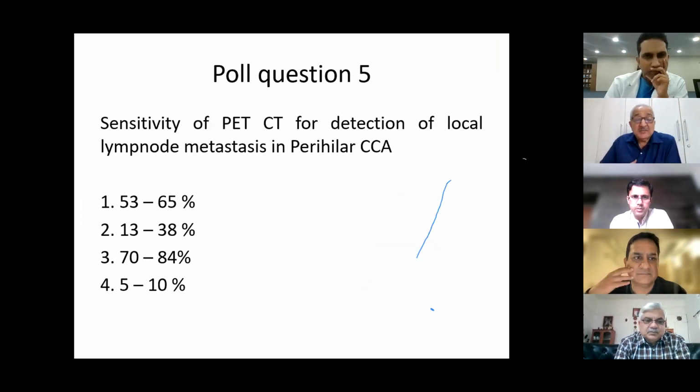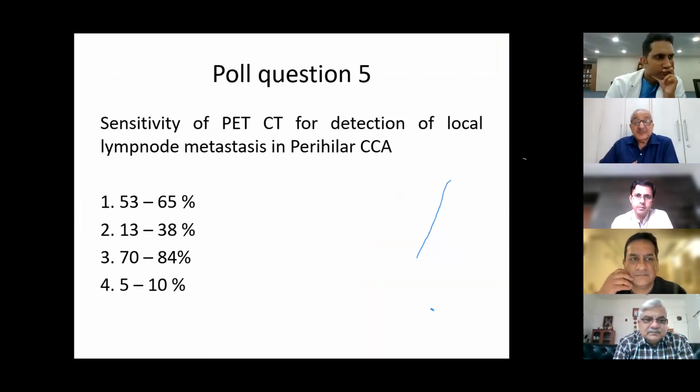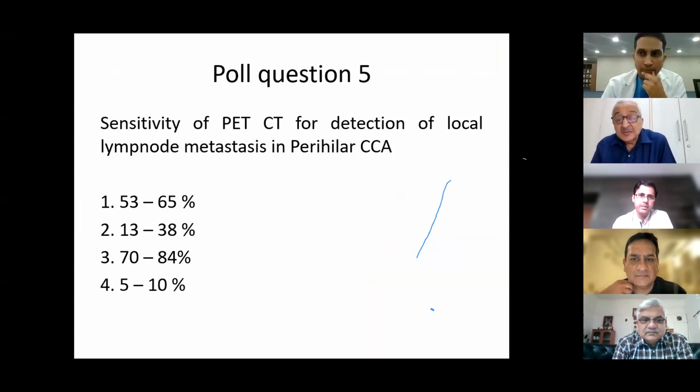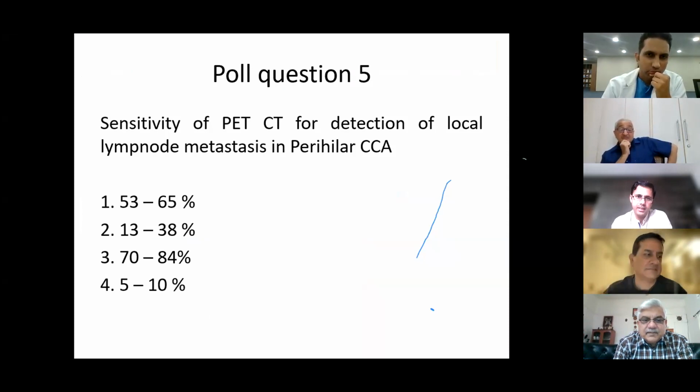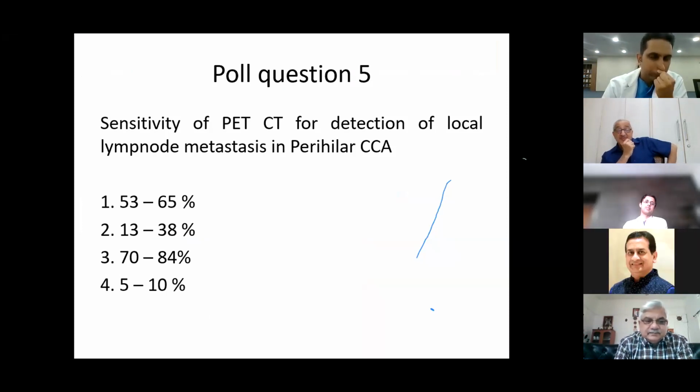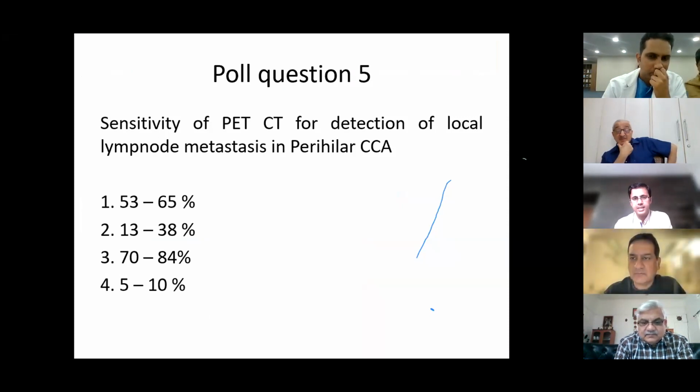Now let's see this. So if we have done a PET CT here, let's ask poll question 5: what is the sensitivity of PET CT for detection of local lymph node metastasis in perihilar cholangiocarcinoma? Option 1 is 53 to 65%, 13 to 38%, 70 to 84%, or 5 to 10%.